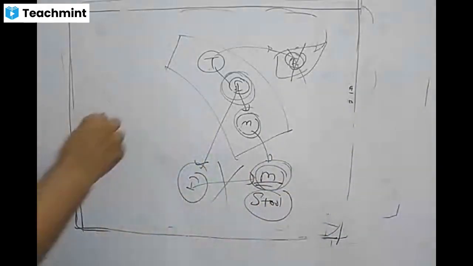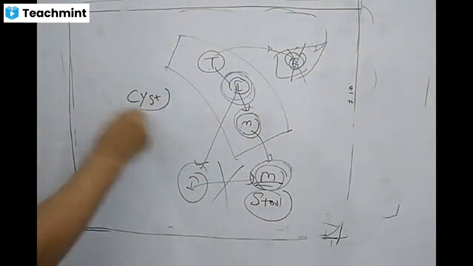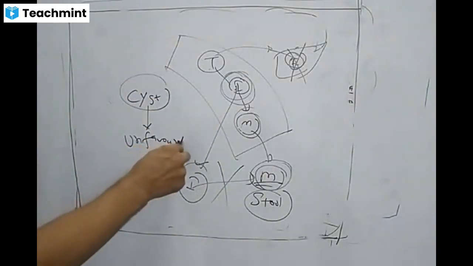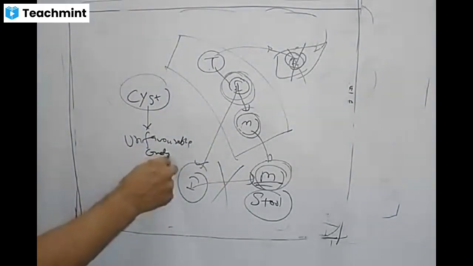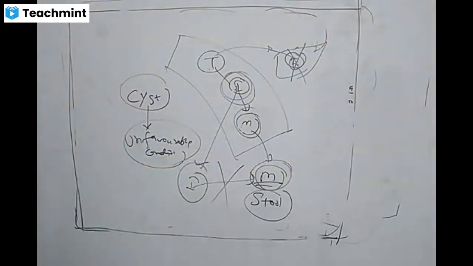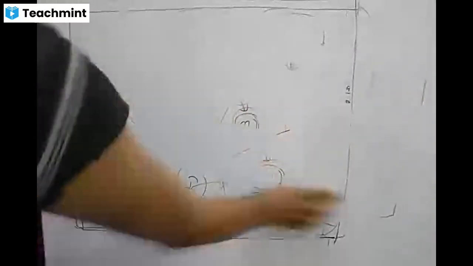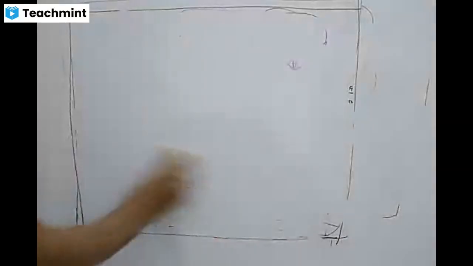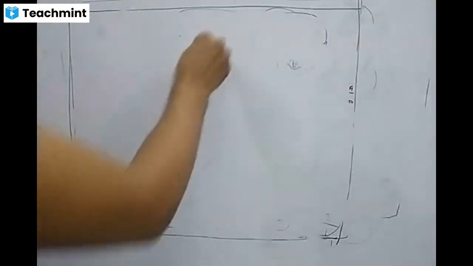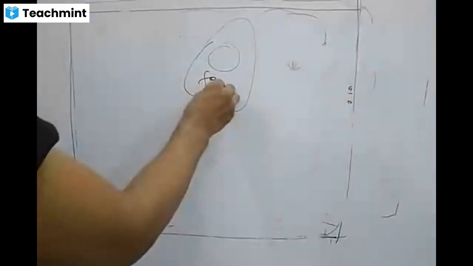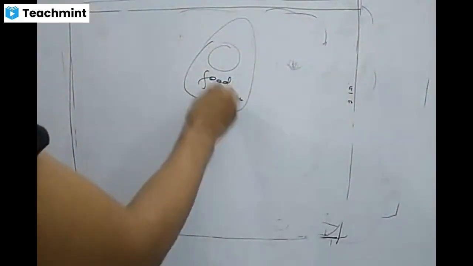And one more thing about the cyst. Cysts form under unfavorable conditions. To survive under unfavorable conditions, these are formed. So trophozoite is the pathogenic or breeding stage. One more thing, if you find a trophozoite, inside the trophozoite there are some food vacuoles.